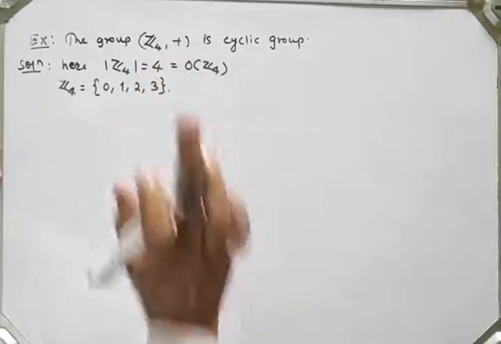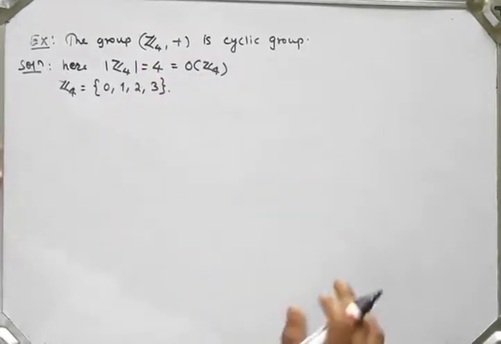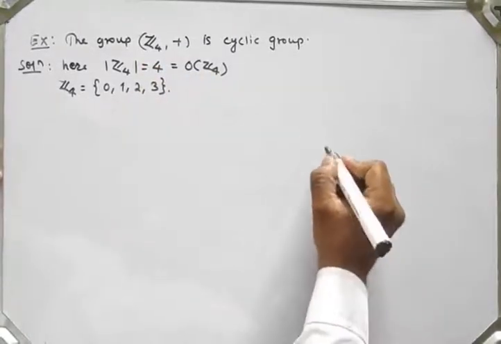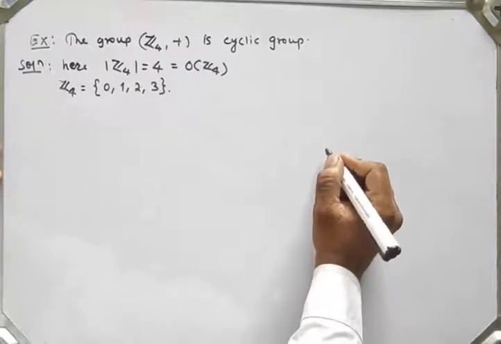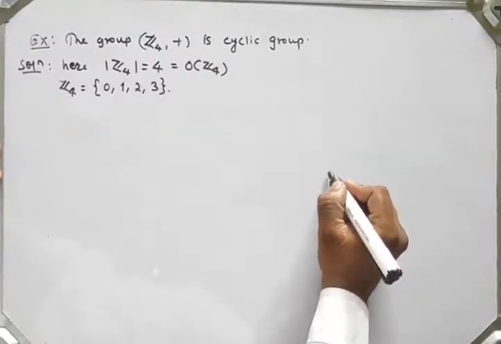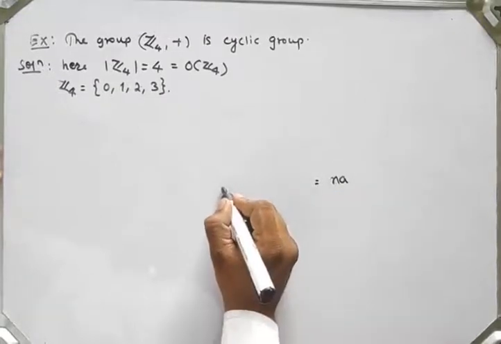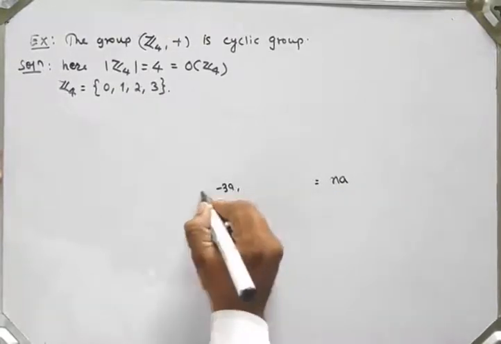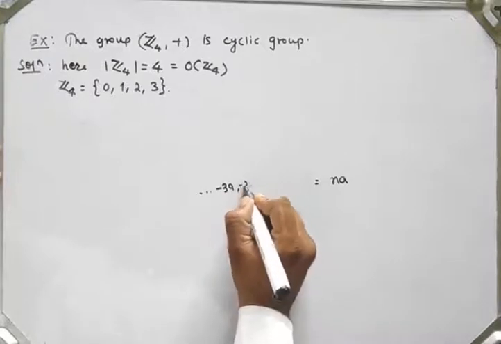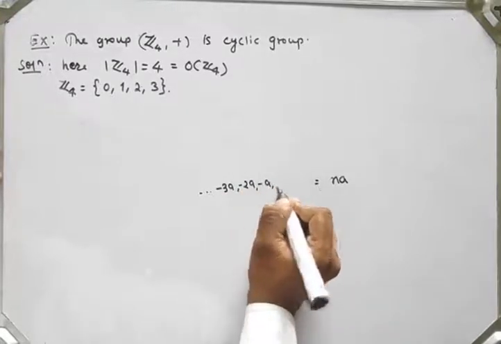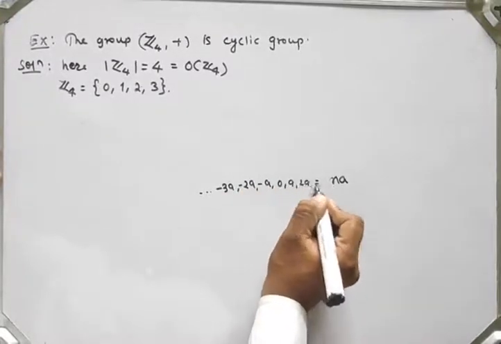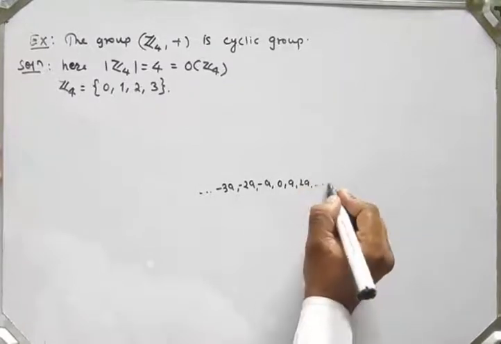Since this is an additive group, we have seen previously that if the operation is addition, the elements are always of the form n into a, that is, minus thrice a, minus twice a, minus a, 0, a, twice a, and so on.